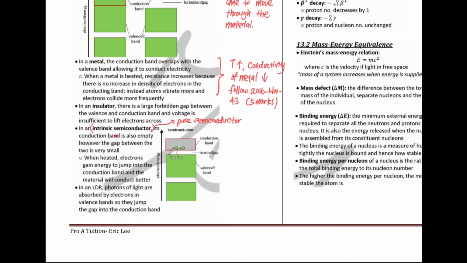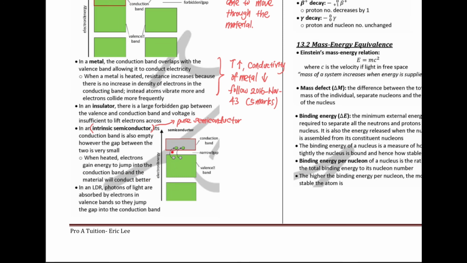So its conduction band is also empty under normal condition. For example, room condition, it is empty. However, the gap between the two is very small. So you can see a narrow gap here. When heated, electrons gain energy to jump into the conduction band, and the material will conduct better.